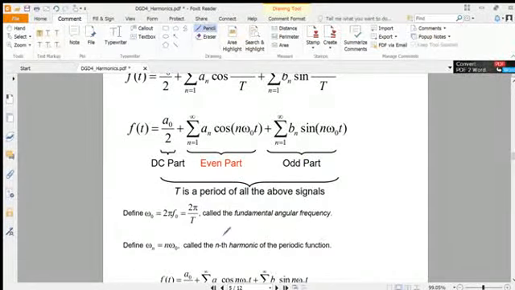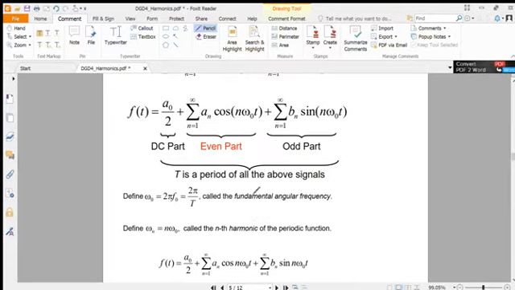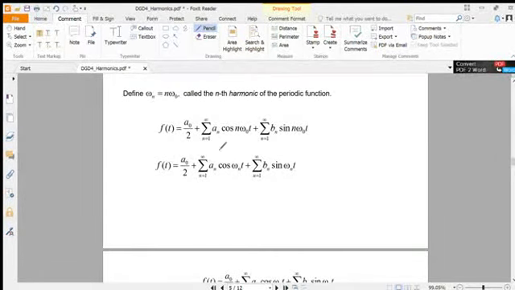So this is the fundamental angular frequency. If we put the value over here, then we'll get this equation.